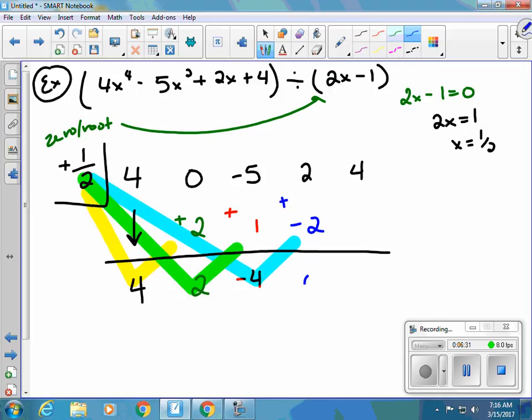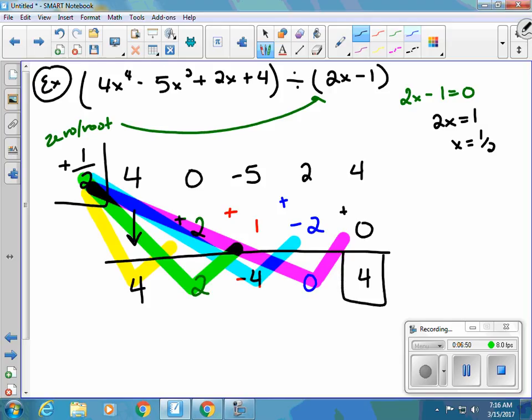Well, when I add these, I get 0. Looks like I'm going to have a remainder, which is okay. You guys need to know what we do with that anyway. A half times 0 goes up here, which gives me 0. Add these together and I get a remainder of 4.